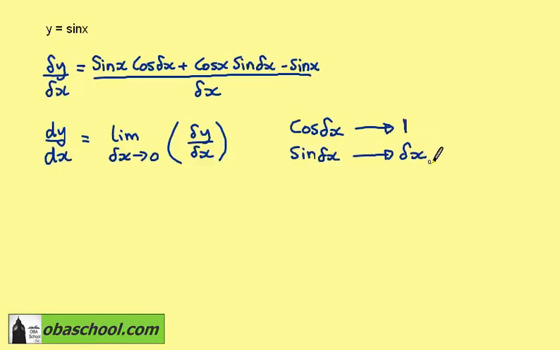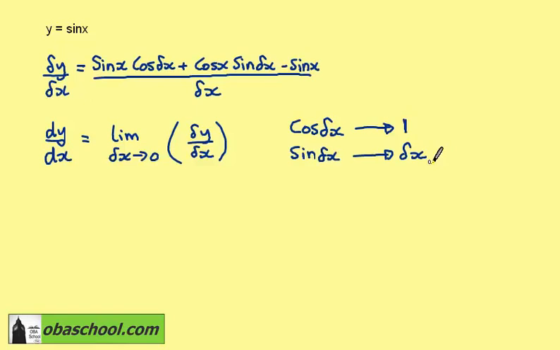This result for the cosine of delta x works whether or not the calculator is in radian mode. However, if we look at the sine of delta x, we must be in radian mode for this result to work. We can see that the sine of delta x tends to delta x as delta x tends to 0. Just try some very small values of delta x.